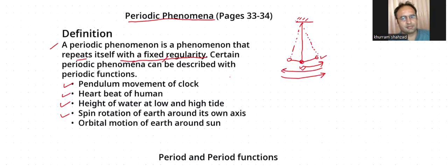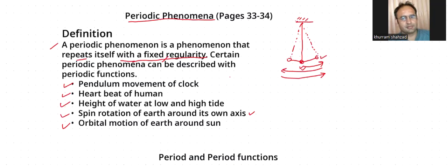Next is the orbital rotation of the Earth around the Sun. For spin rotation, what is the period of the rotation? It is 24 hours. After 24 hours, the Earth comes back to its earlier position.